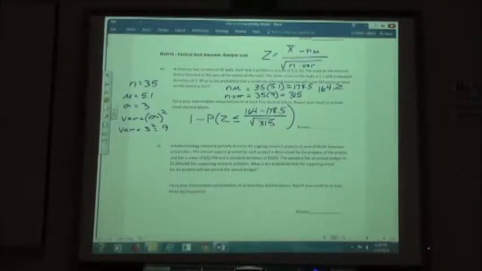So that's how you want it to look when you punch it into the calculator.